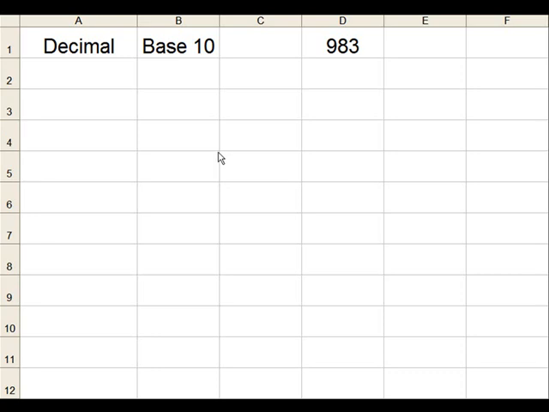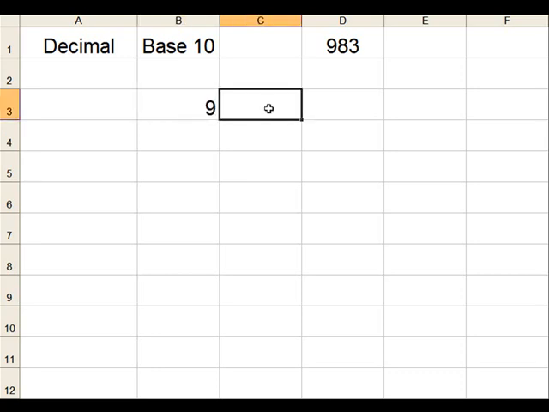Okay, here we are in a spreadsheet, and we're going to start this discussion of understanding binary numbers by first of all looking back at the decimal number system that we've been using since elementary school. And the decimal number system is base 10, and let's look at a decimal number 983 and remember what this means.